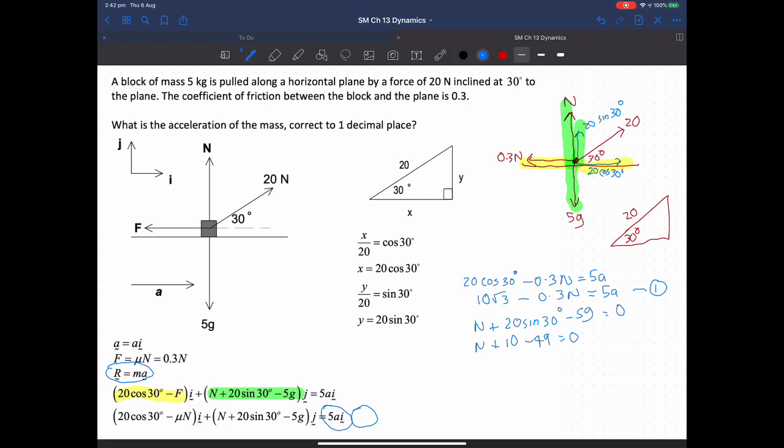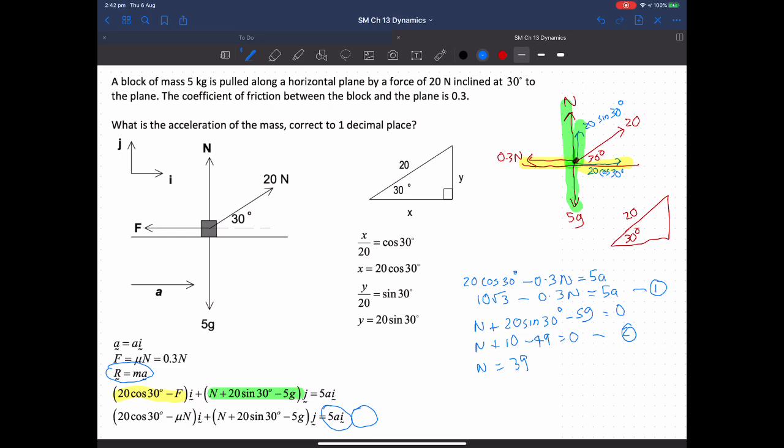What we can then do with this second equation is solve for N. N is equal to 10 minus 49, which is minus 39, added on to 0 gives us 39. So the normal reaction is 39.